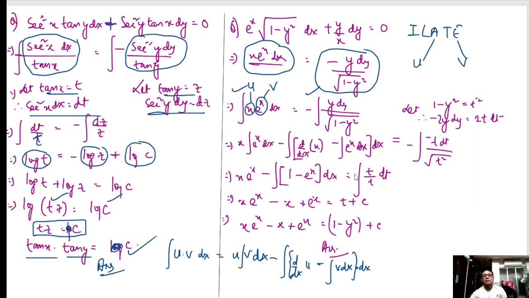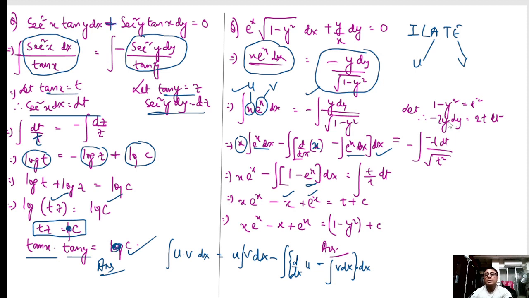So putting this, our u, integration of v dx minus integration of u, which is x, minus integration of v dx into dx. So the differentiation of x is 1, e to the power x integration is e to the power x, so this comes out to be this, and 1 minus e to the power x is minus x plus e to the power x, and this is cutting on this side.